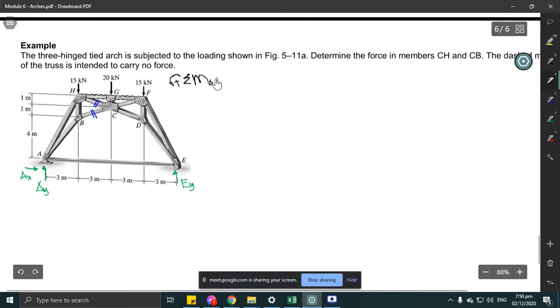So, by taking summation ng moment at A, so the equation will be EY, medyo kabisado nyo naman to pagkuha ng reaction. So, EY times 12 is equals to 15. Unahin natin yung unang 15. So, multiply by 3. And then plus 20 multiply by 6. And then plus 15 multiply by 9. So, the value of your EY will be equals to what?